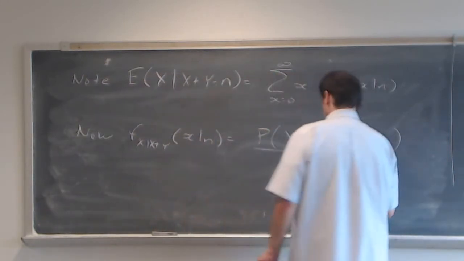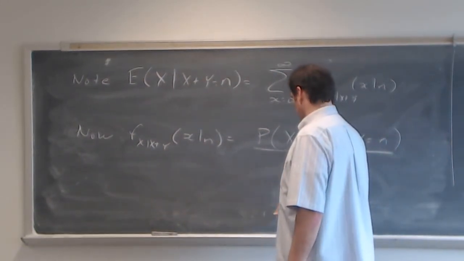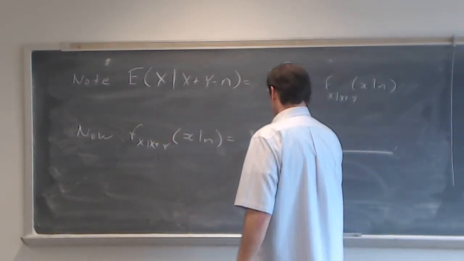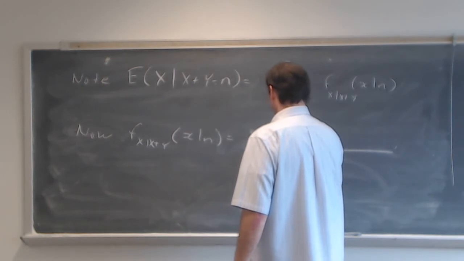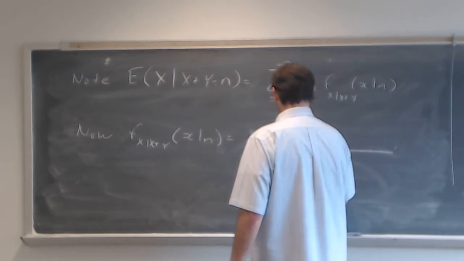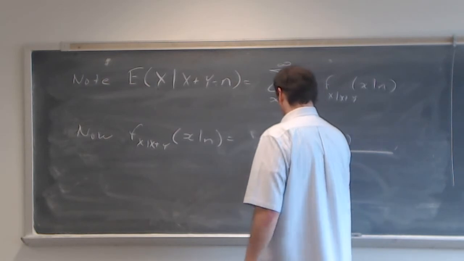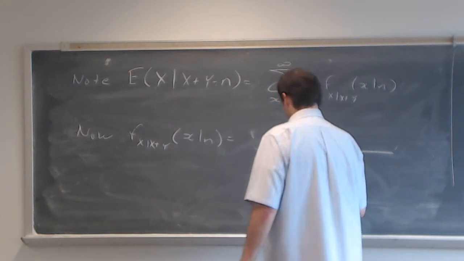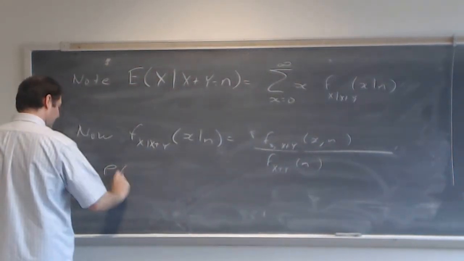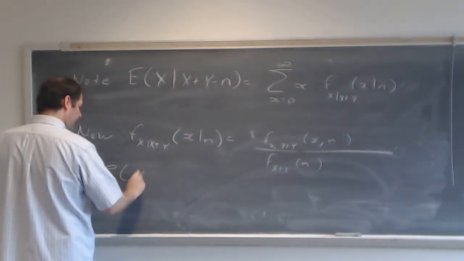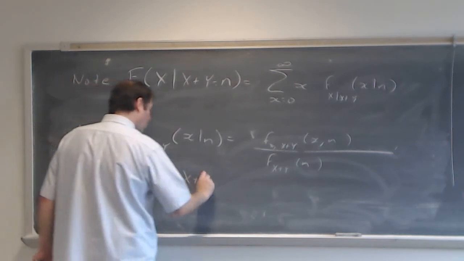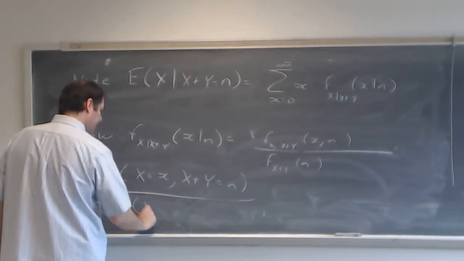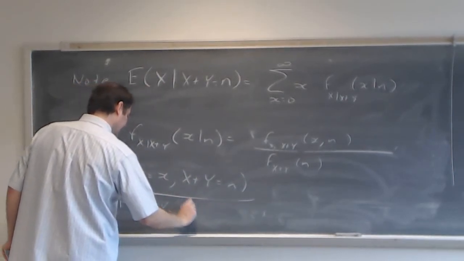Wait just a second. What I was writing was correct, but this is the same thing as f sub X comma X plus Y of x, n over f of X plus Y of n. That's the same thing as I was saying before. It's the probability that X is equal to x and X plus Y is equal to n, over the probability that X plus Y is equal to n.